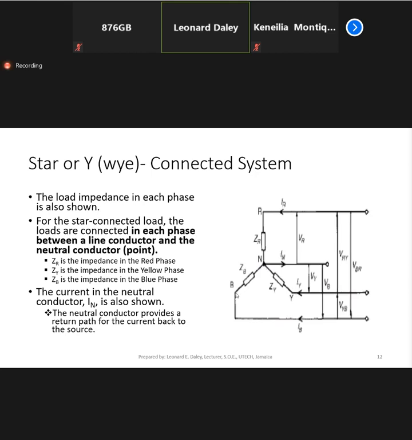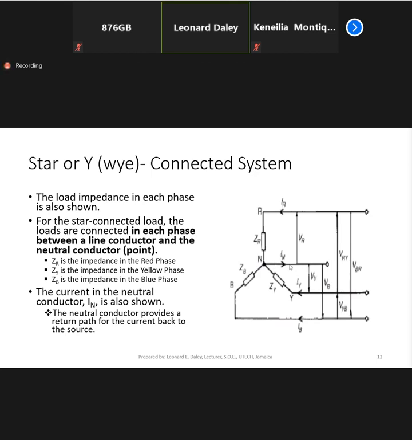And between the terminal for the blue line and the neutral, you have the blue phase, right? So these impedances are in the phase. All right, so this is just making the point that for the star connected load, the loads are connected in each phase between a line conductor and the neutral point conductor.